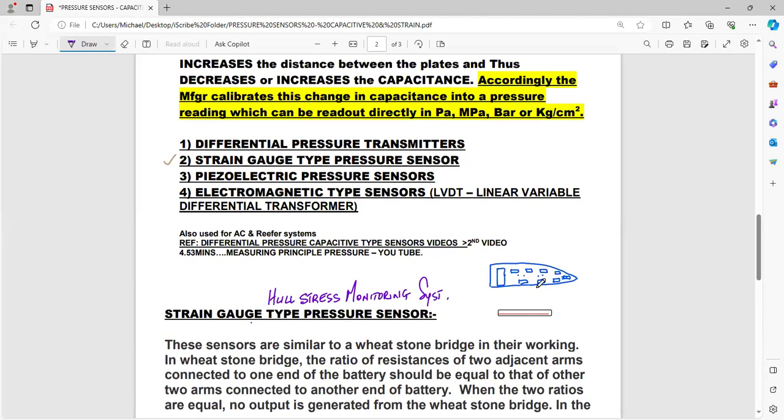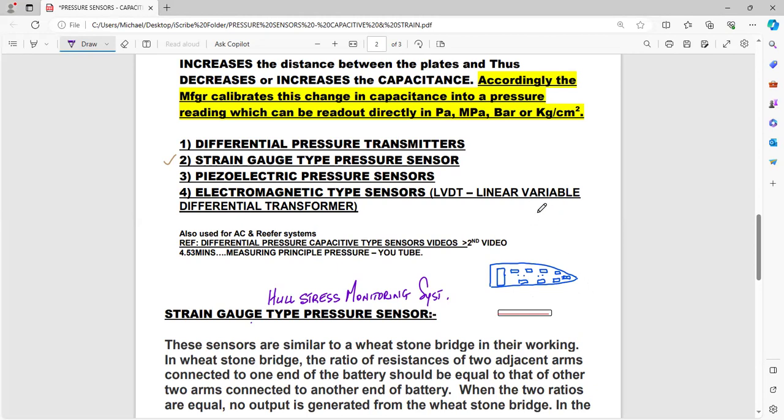Now, what is the stainless steel rod going to do? You know that stainless steel is a very, very strong metal. But surprisingly, this stainless steel rod is going to be bending in sympathy with that of your vessel.